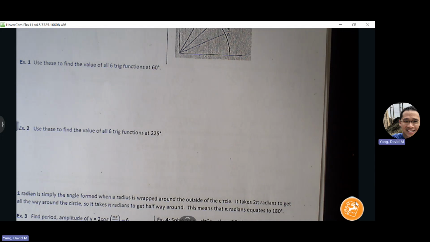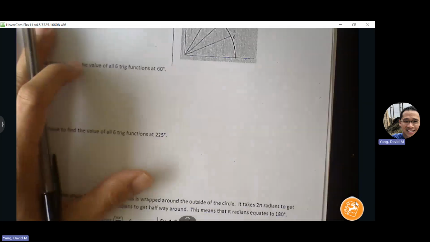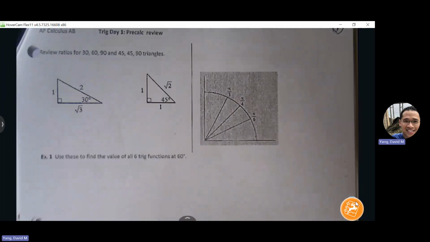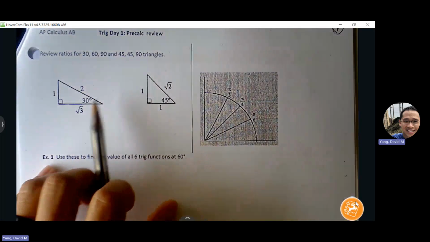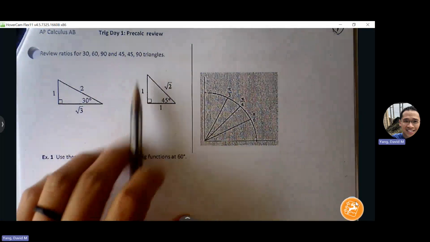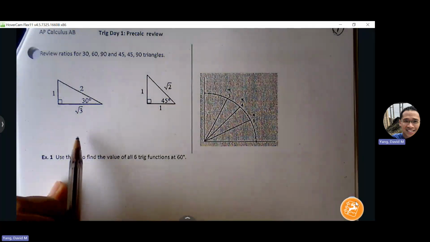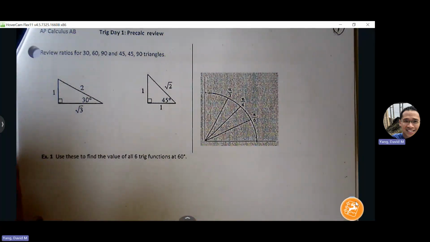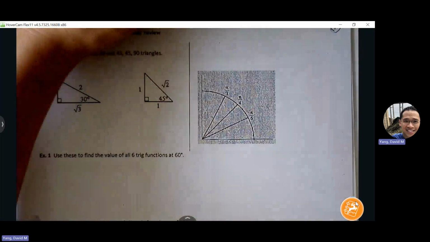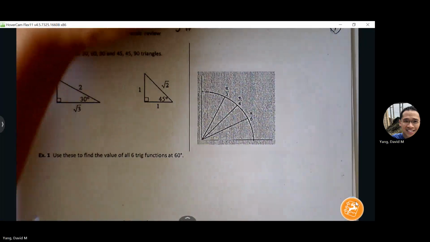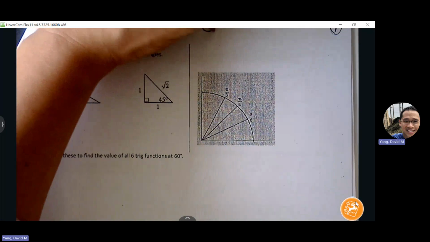Okay, so unit circle values are all based off of trig ratios for the 30, 60, 90 triangle and for the 45, 45, 90 triangle. They're all based off these ratios here. Remember, sine is opposite over hypotenuse. Cosine is adjacent over hypotenuse.